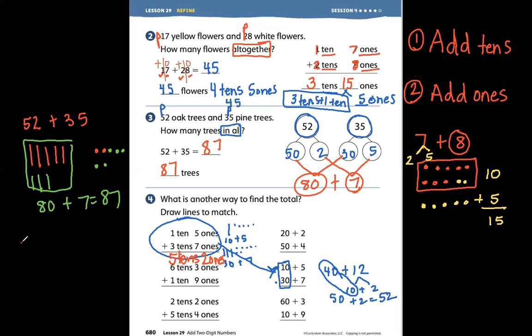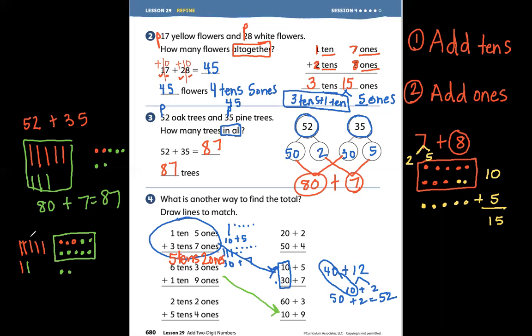I'm going to draw that out. 6 tens, 1, 2, 3, 4, 5, 6, and 3 ones. The next part says 1 ten, here it is, plus 9 ones, 1, 2, 3, 4, 5, 6, 7, 8, 9. So 6 tens and 3 ones plus 1 ten and 9 ones. Ooh, I found it right here. 60 plus 3 and 10 plus 9.